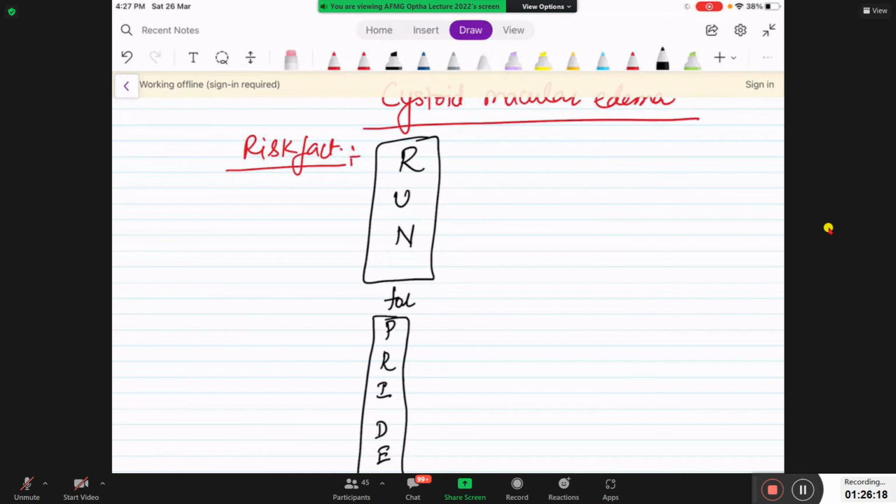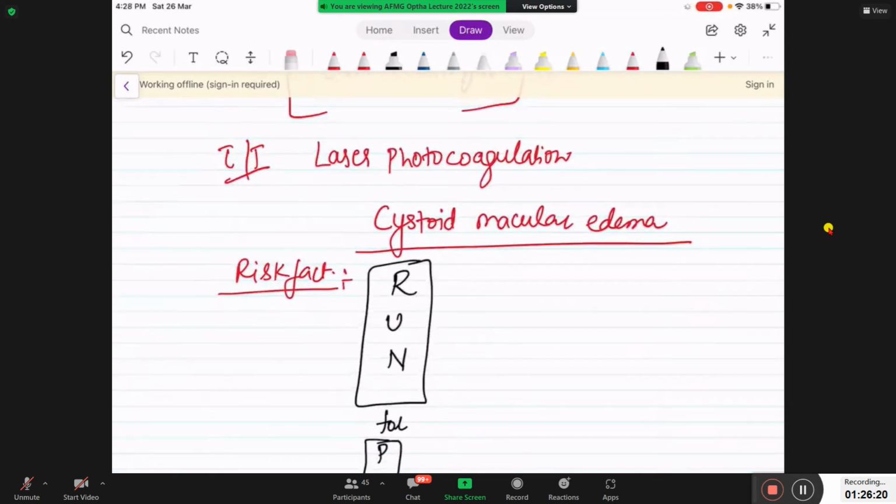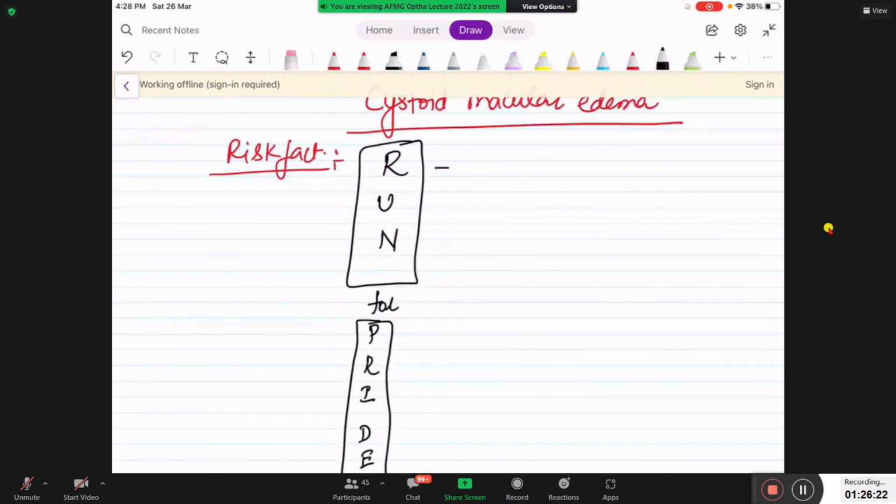So, run for pride: R stands for retinitis pigmentosa. U stands for uveitis.